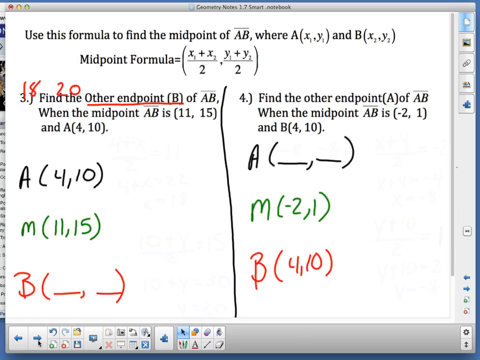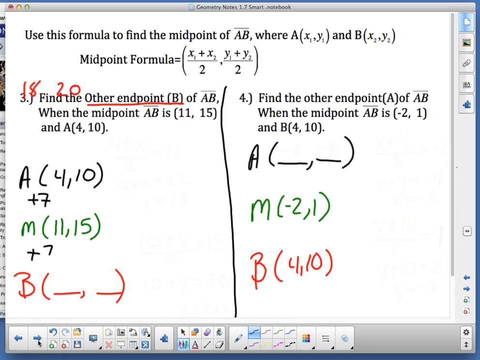How far do I go when I go from 4 to 11? In what direction, positive or negative? Positive 7. Okay, so I'm going to add 7. And just like my football example, when I was on the 20, I'd already gone 20 yards, and I got 20 to go. Well, I've already gone 7, and I'm at the midpoint. So now how many do I got to go? 7 more.